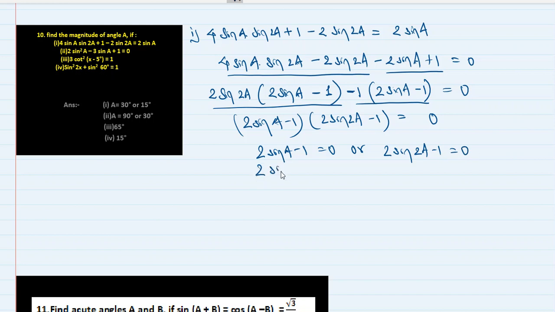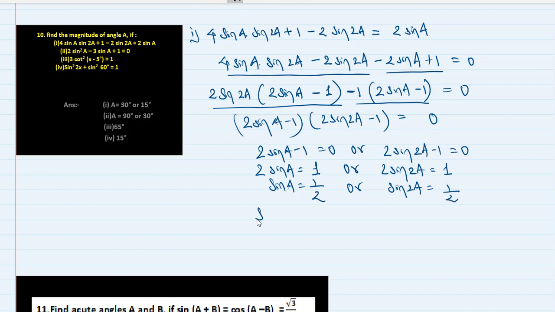So 2 sine a is equal to 1, or 2 sine 2a is equal to 1. So sine a is equal to 1 by 2, or, I'm sorry, I have to take 2 to the other side, I forgot. Sine 2a is equal to 1 by 2, right?